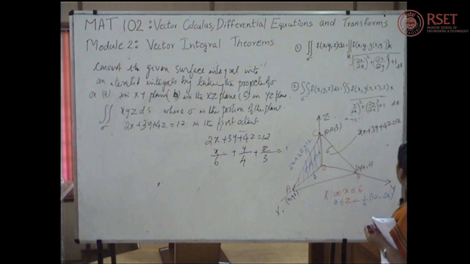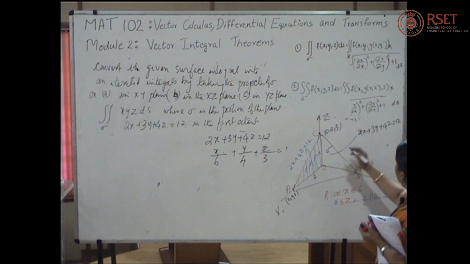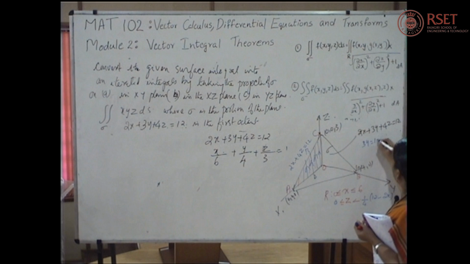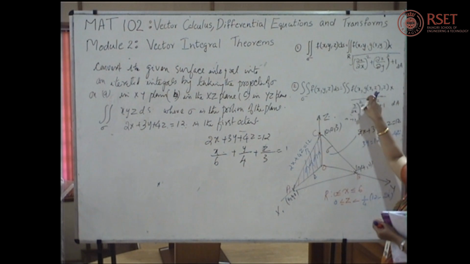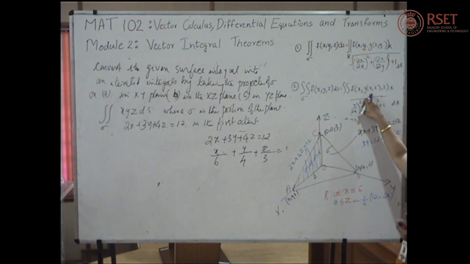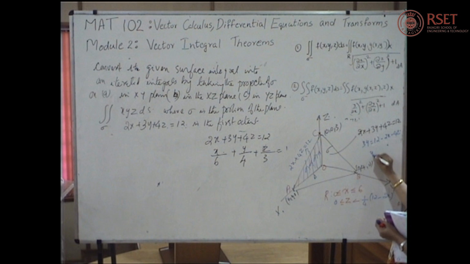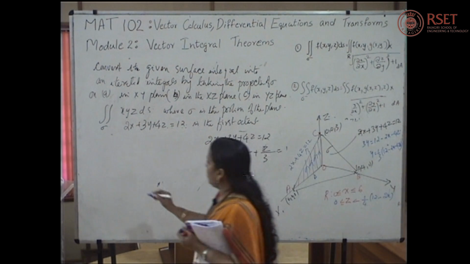And from the surface equation, since we are taking the projection on the xz plane, 3y is equal to 12 minus 2x minus 4z. Using equation 2, y should be expressed as a function of x and z, so y is equal to 1 by 3 into 12 minus 2x minus 4z. Now consider the integral.